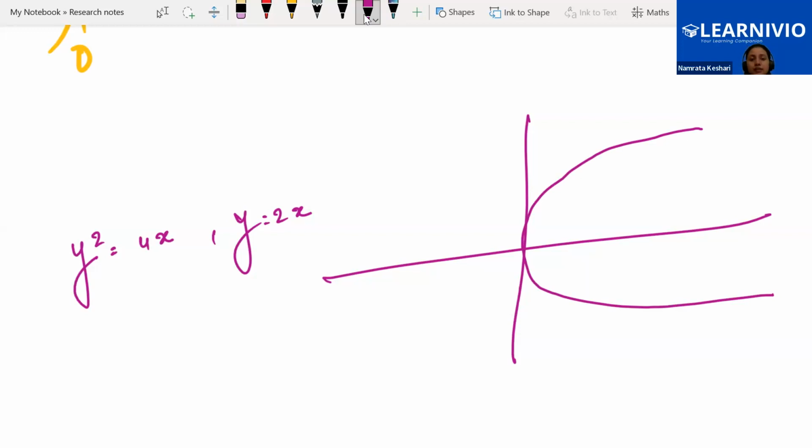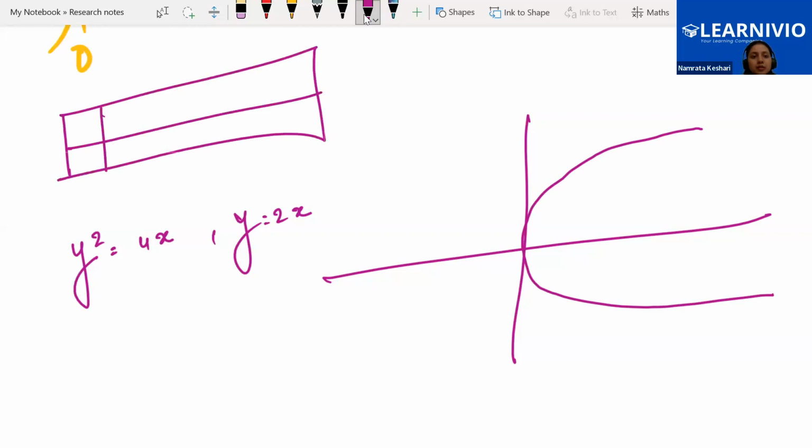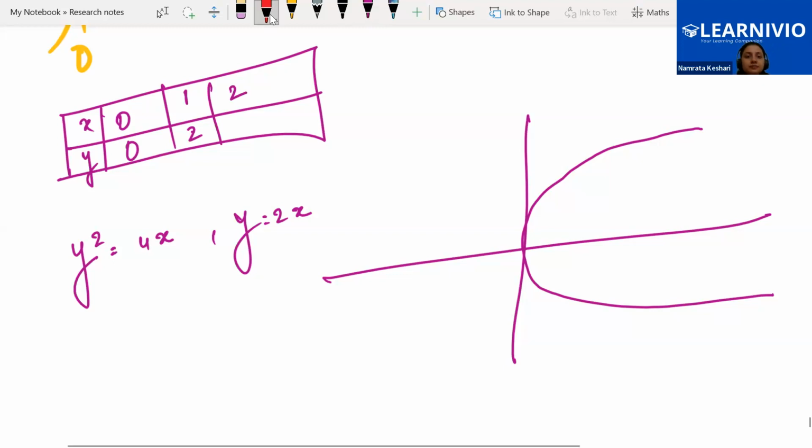If you are not getting what exactly y is equal to 2x will be, then you can take the help of a table. Okay, x, y. When x is 0, y is 0. When x is 1, y is 2.